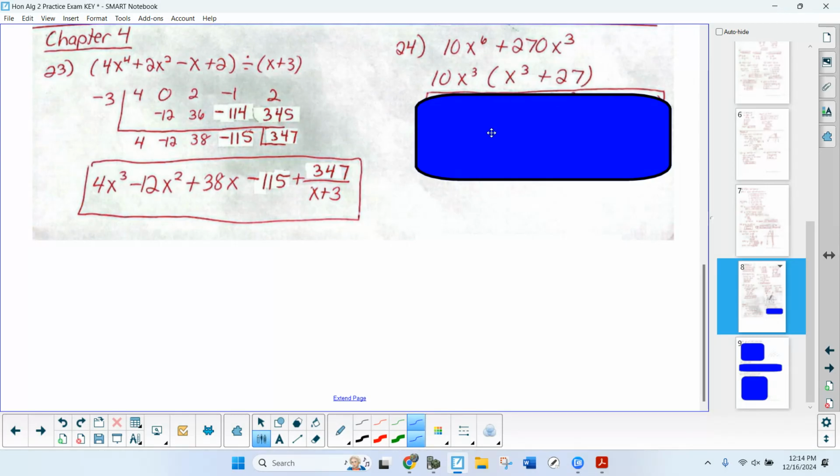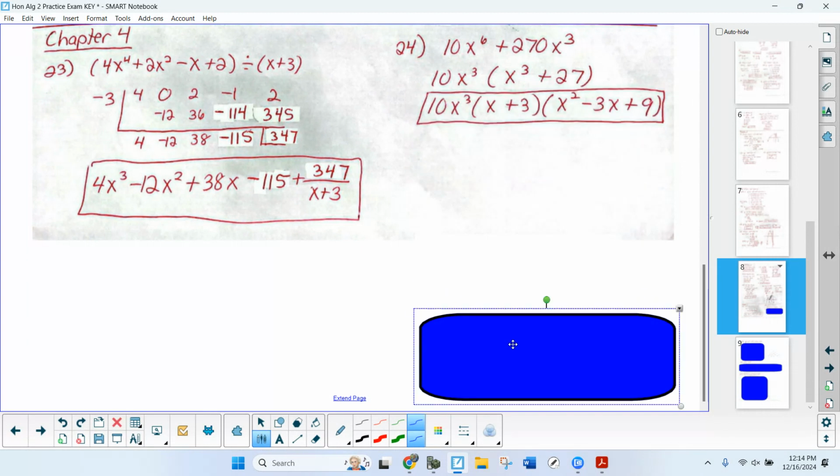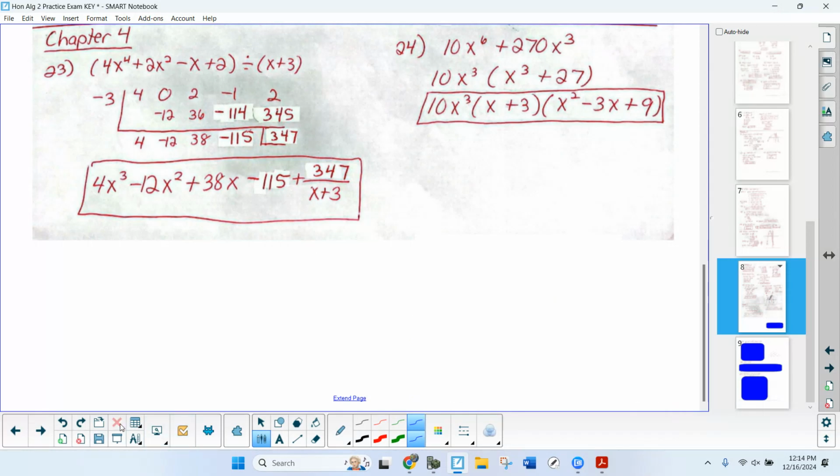And then you said that's a sum of cubes? Yeah. And then you basically just split that up here, and then you bring it down. Oh, you lost your x to the third. Yeah, I just realized. Okay. You take the 10x to the third, you bring it down, and x plus 3, and then you just... Yep. And then use SOAP.